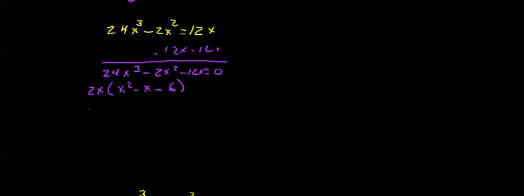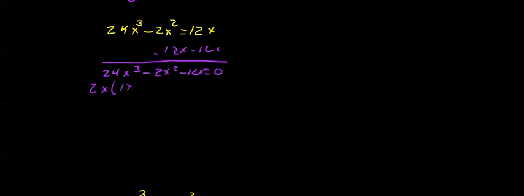I factor this. All right, clearly that's a gross mistake there. Let's just erase this whole line. Greatest common factor, in fact, is 2x, that's correct.